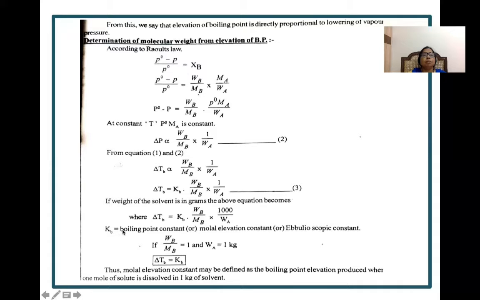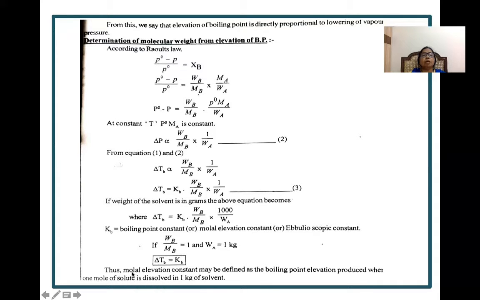KB is the boiling point constant or molar elevation constant or ebullioscopic constant. If WB by MB is equal to 1 and WA is equal to 1 kg, then delta TB is equal to Kb.